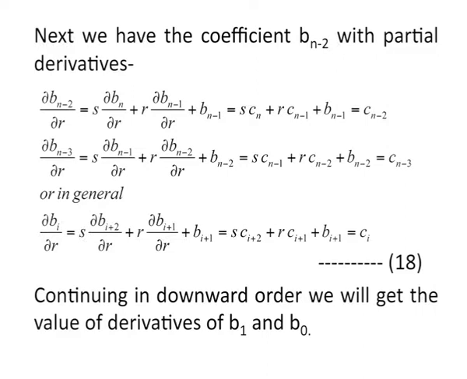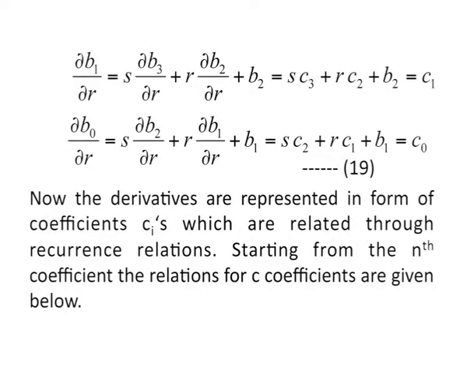Continuing in this way, we can generalize this relation, and we write the derivative of the ith coefficient, delta b i by delta r, which is related to the coefficients c i plus 2 and c i plus 1, and we term it as c i. We can find the derivatives of coefficients b 1 and b 0, and we term them c 1 and c 0.